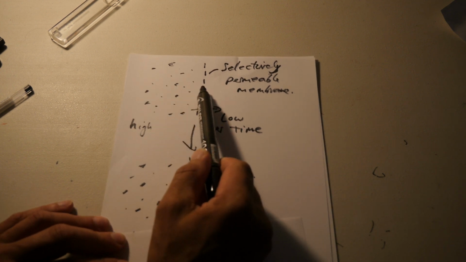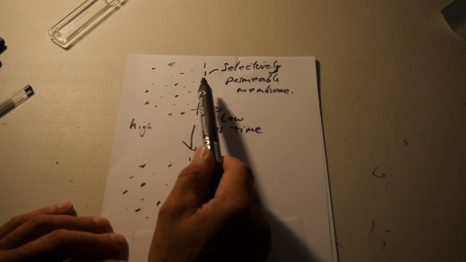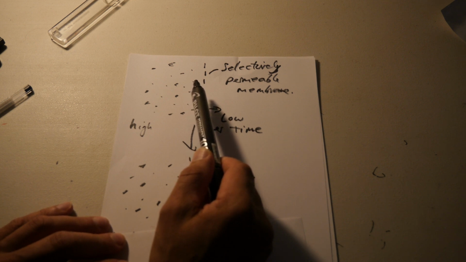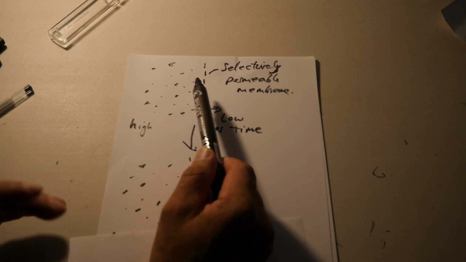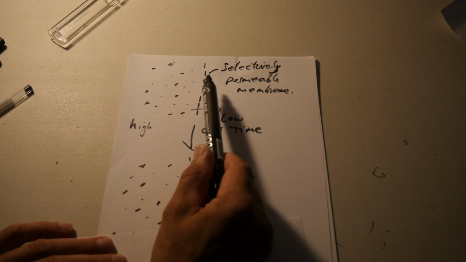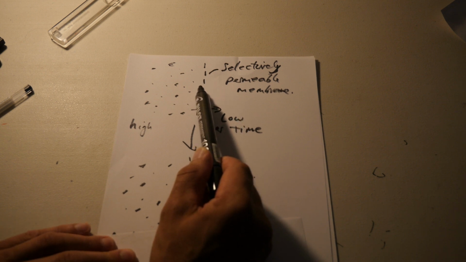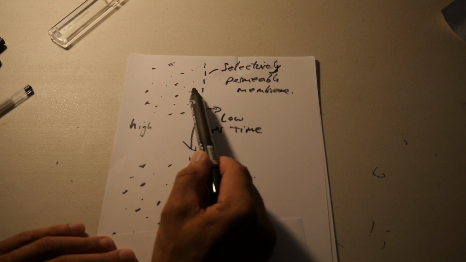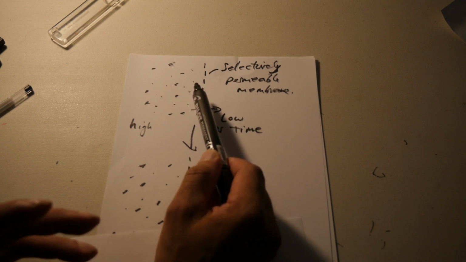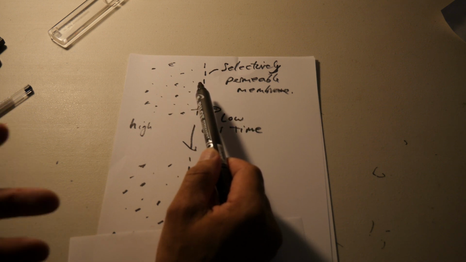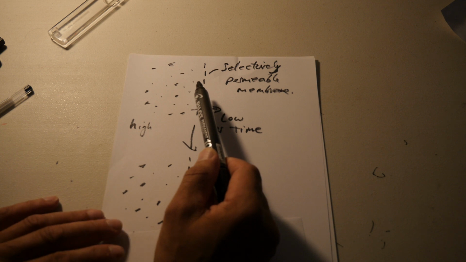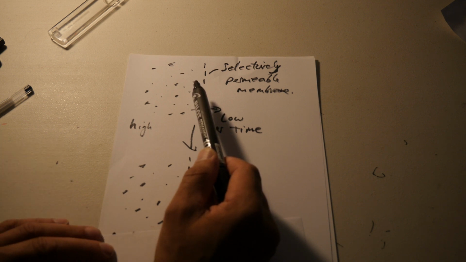This is often used for purifying water. In places where water is contaminated with maybe salt or other things, you put it through a membrane with very fine pores, so only the water molecules can pass through and everything else is kept back. So it's a way of cleaning water, especially salt water.